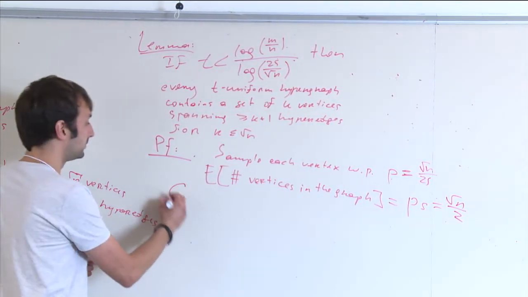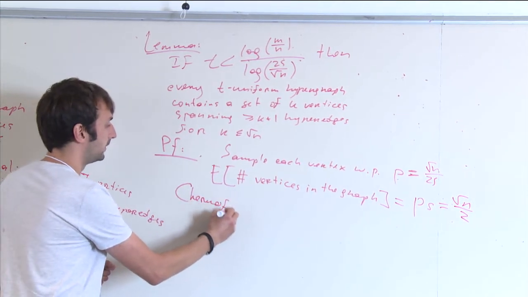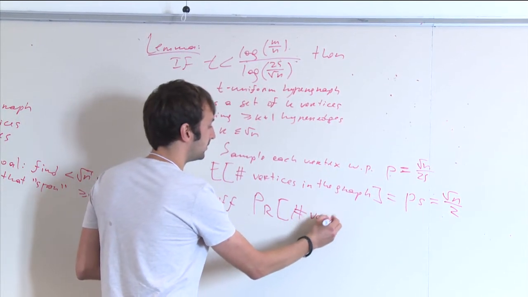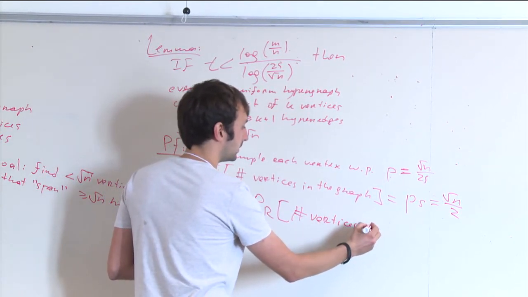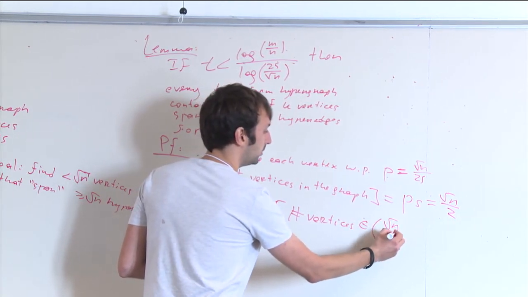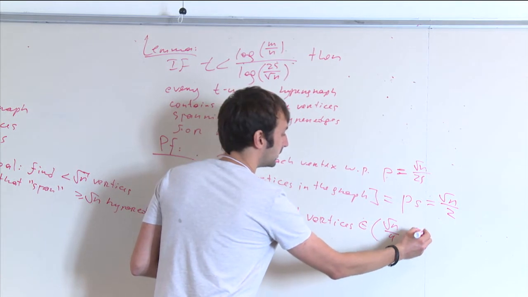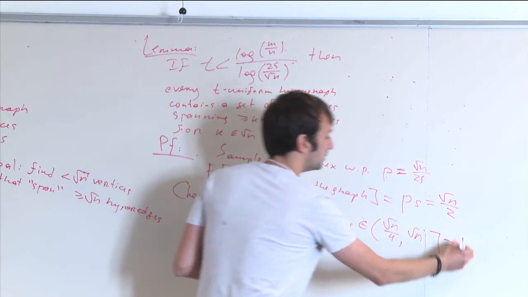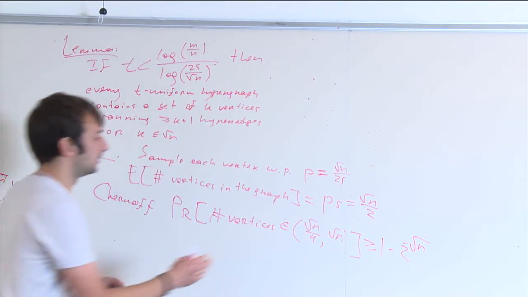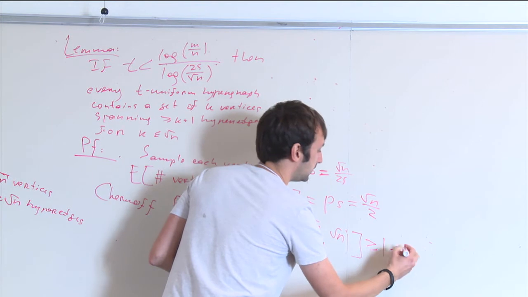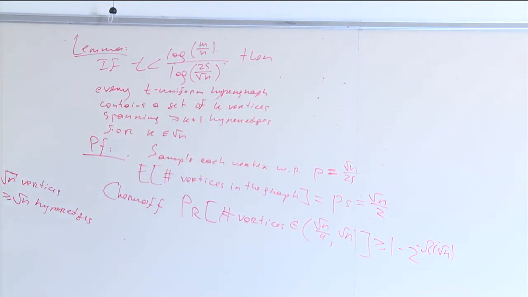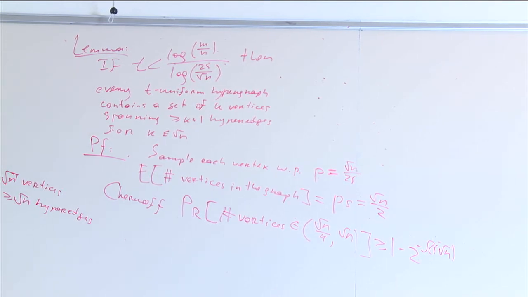Then by some Chernoff bound, with huge probability, the number of vertices is, say, from square root of n over 4 to square root of n, with probability all but negligible. Here, order of square root of n. Now let's count how many edges I span.